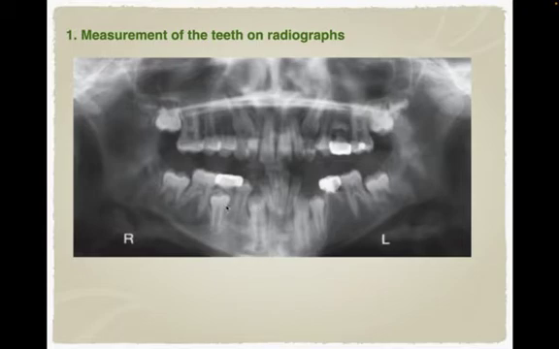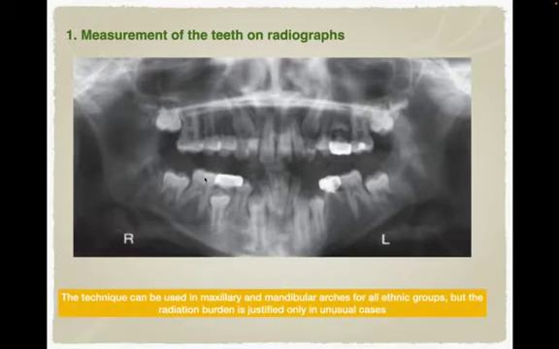For example, if I want to measure the mesiodistal width of this unerupted 5, simply what I do is go to the study model, the cast, and measure the mesiodistal width of the 6 on the cast. Say, for example, it's 8 millimeters.